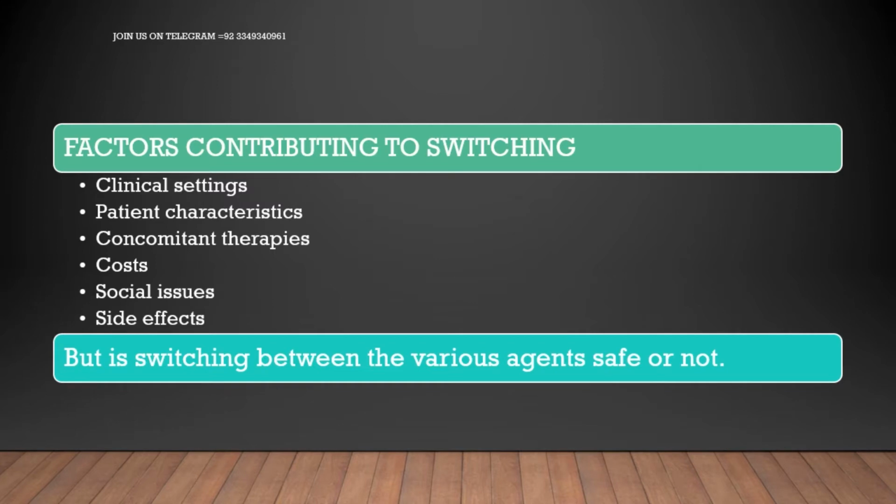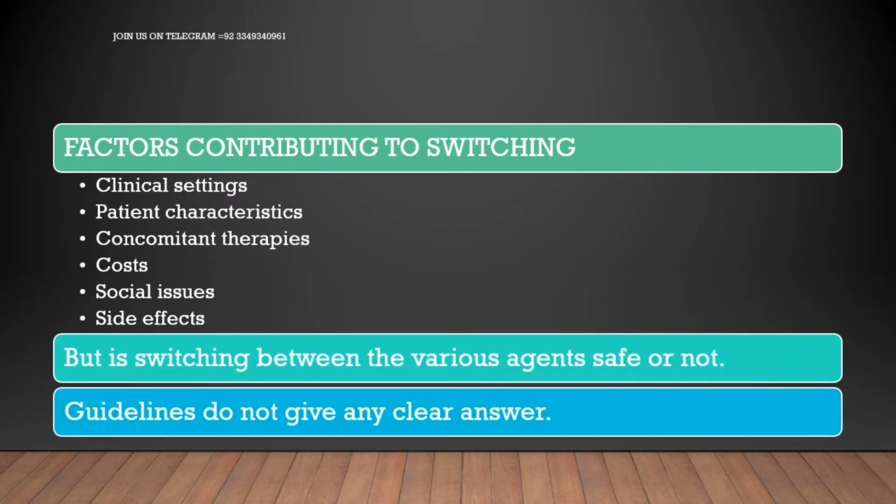But an important question that arises is whether switching between the various agents is safe or not, and unfortunately the guidelines do not give any clear answer to this question. In other words, at present, data from large-scale clinical studies to guide the optimal approach to switching P2Y12 inhibitors are limited, and most data are derived from pharmacodynamic studies.